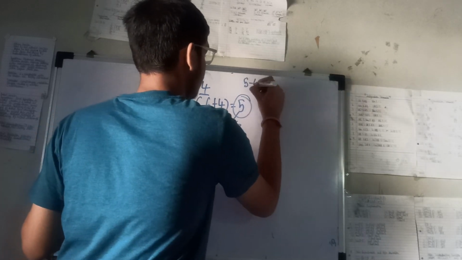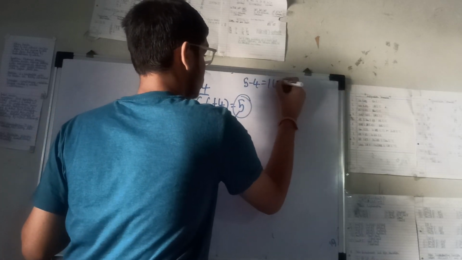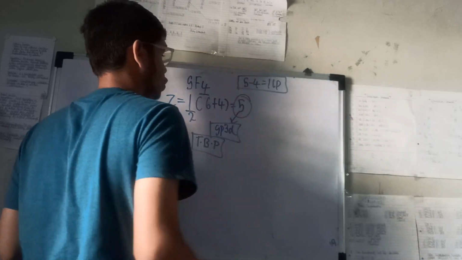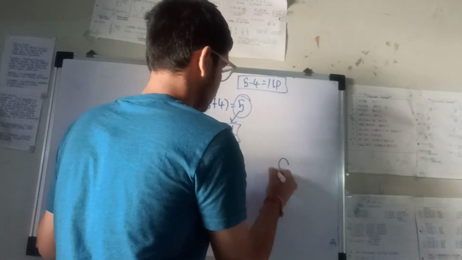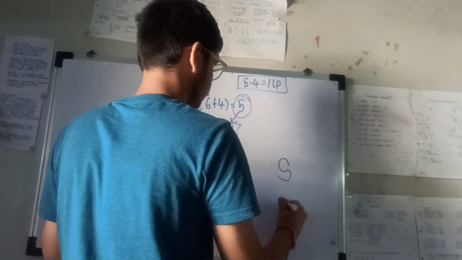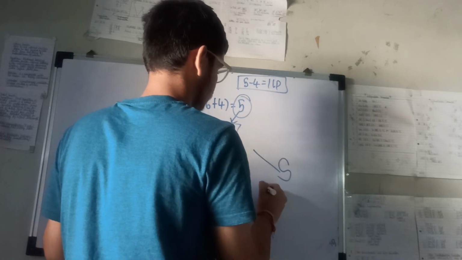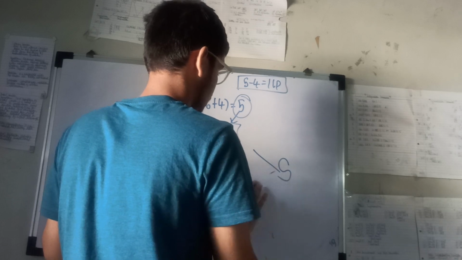So 5 minus 4, 1. 1 is the lone pair we got. Now see how the structure is coming.